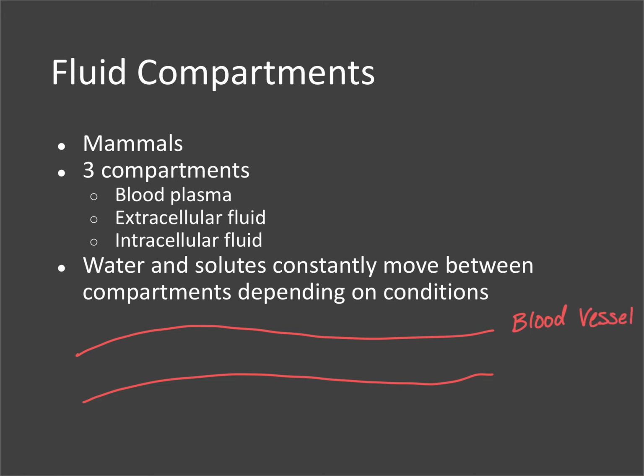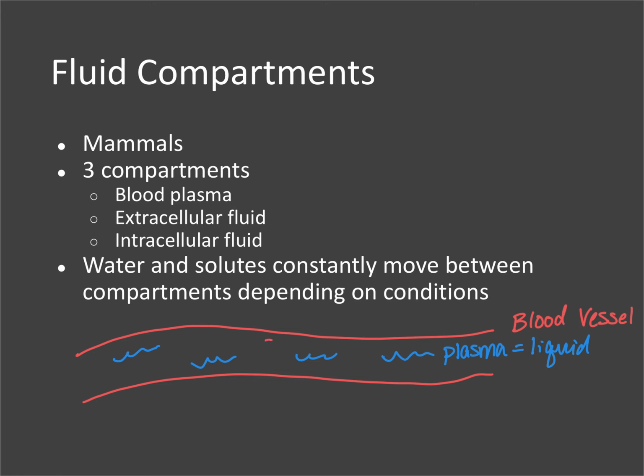Inside this blood vessel, you have a lot of water, so I'm just going to draw some little fake water waves here. That watery part of the blood is known as the plasma. And it's not just water, there are other molecules associated with it as well, but it is this mostly watery substance that's moving through your blood.